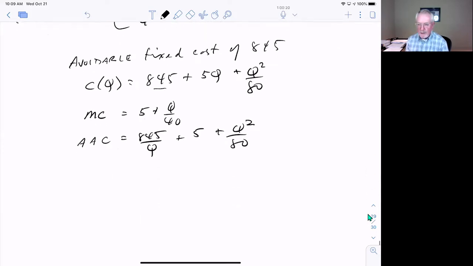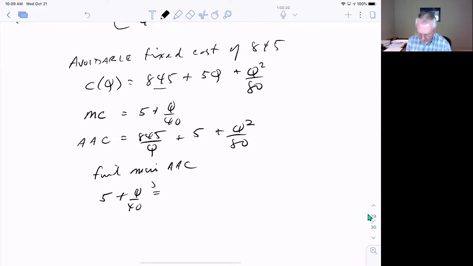Where is minimum average avoidable cost now? Same deal. I need to find minimum average avoidable cost, and I do that by identifying the intersection between the marginal cost curve and the average avoidable cost curve. So I've got 5 plus q over 40.